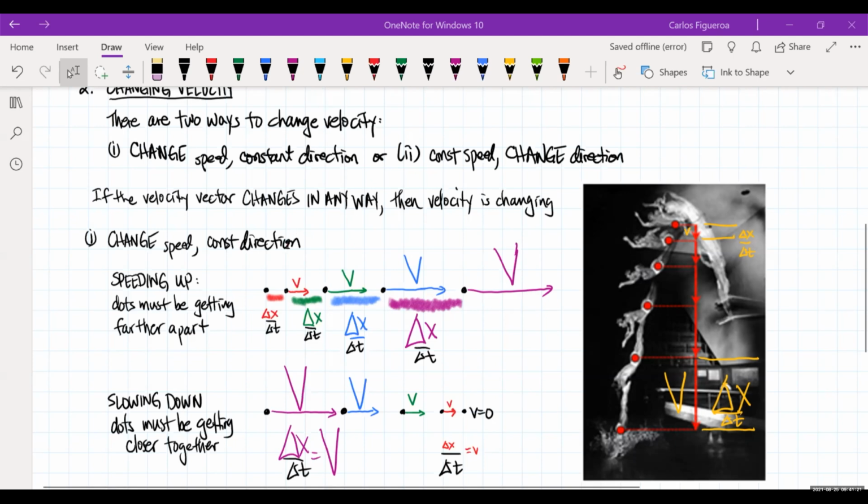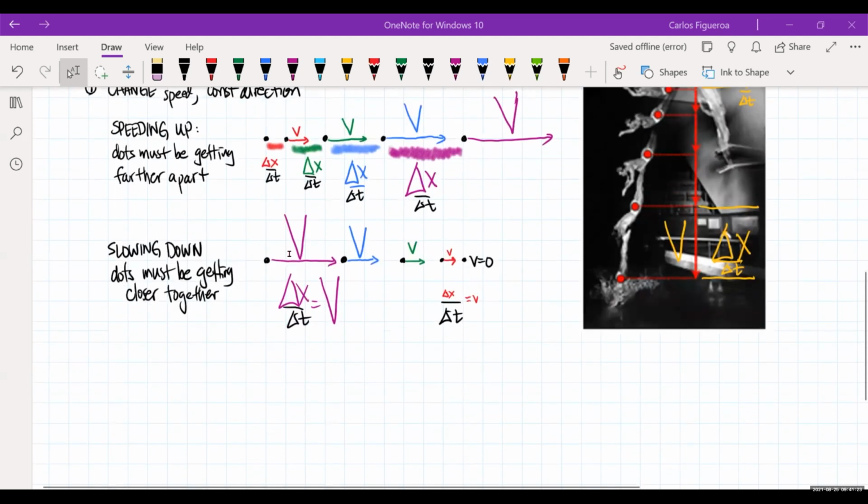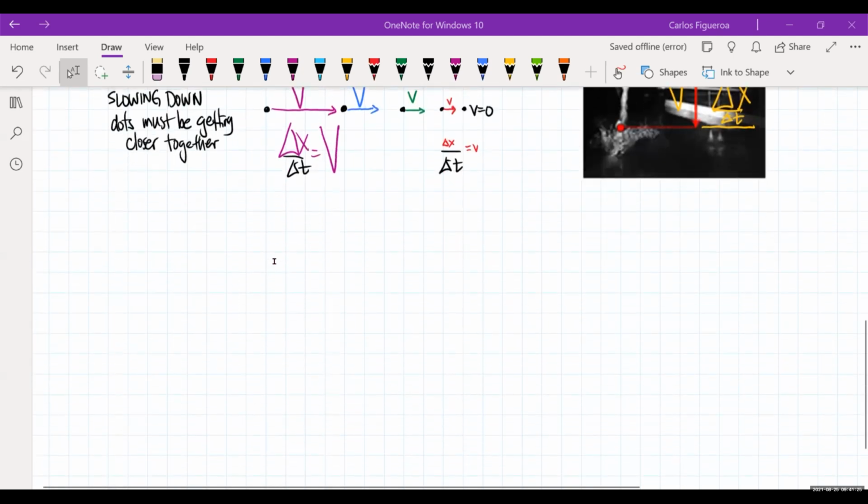So I'm going to come in here. And now I want to talk about changing direction. So here is our second one. And now we're going to look at constant speed.